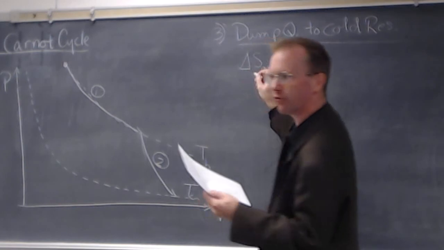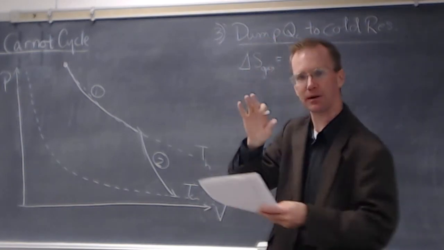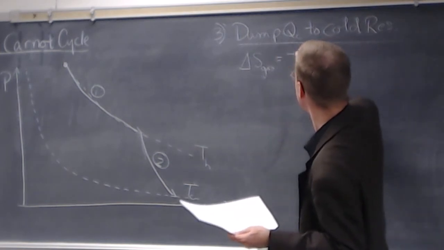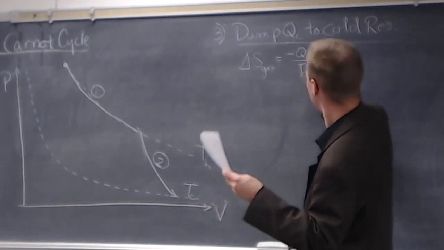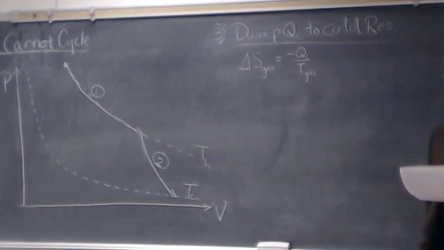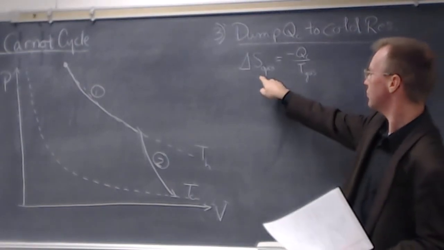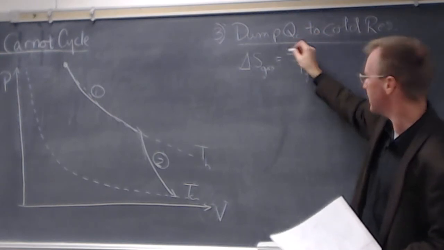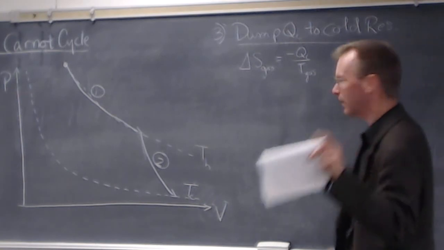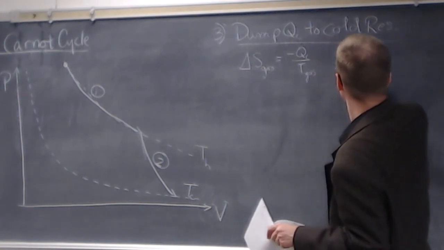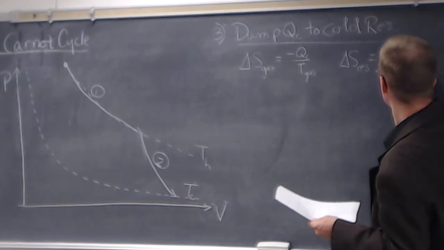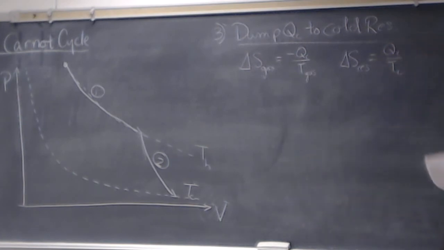So the change in the gas's entropy, keeping track of the sign, since we're dumping energy and QH and QC are always positive, is negative QC over T sub gas. Now the reservoir will gain an amount of entropy, QC over TC. That's a positive number, because it's gaining the heat.